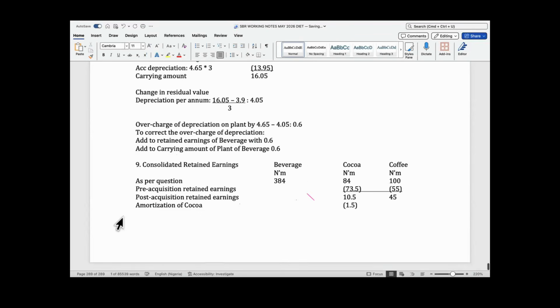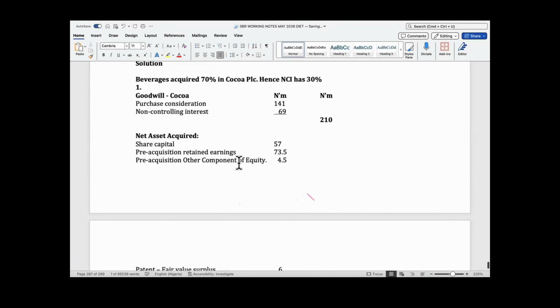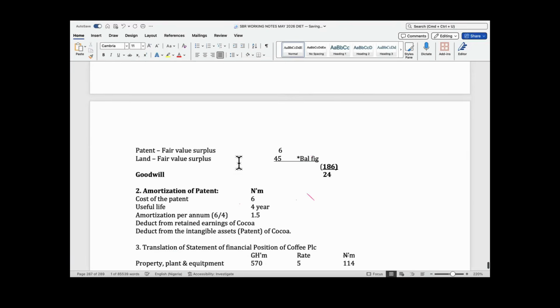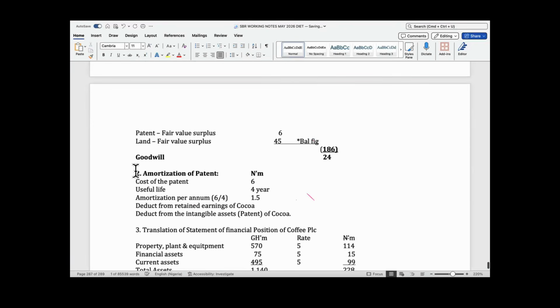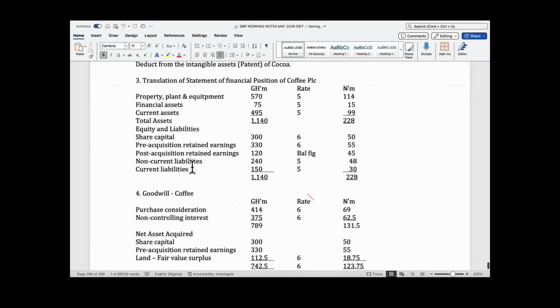That's workings one, I guess. Then, no, it's workings two. I need to correct that.